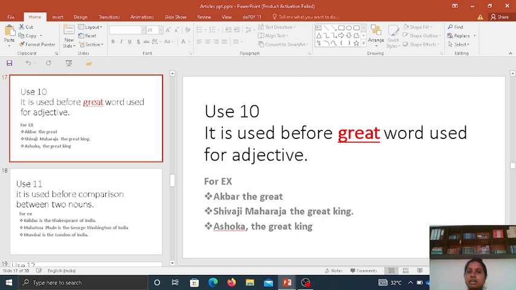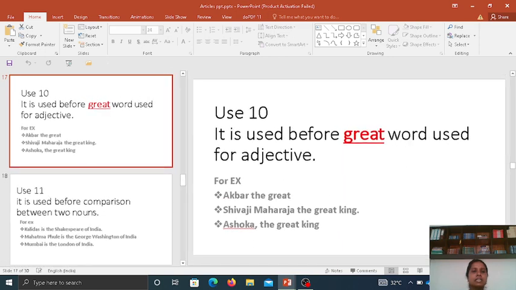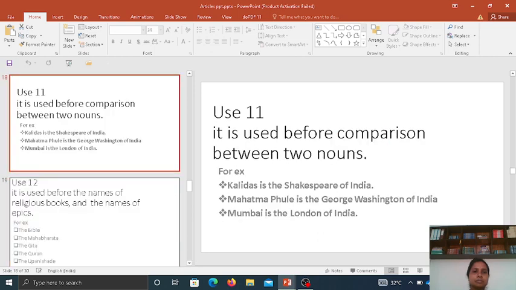Akbar, the great king. Shivaji Maharaj, the great king. Ashoka, the great king. In this way, we have to use "the" before the word "great" when it is used like an adjective.